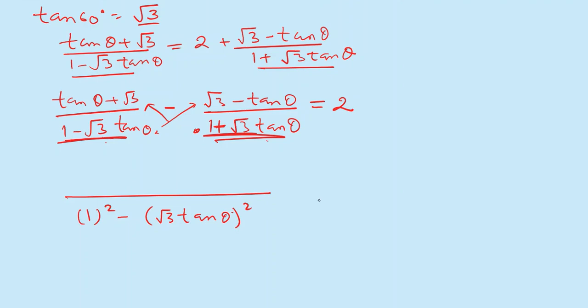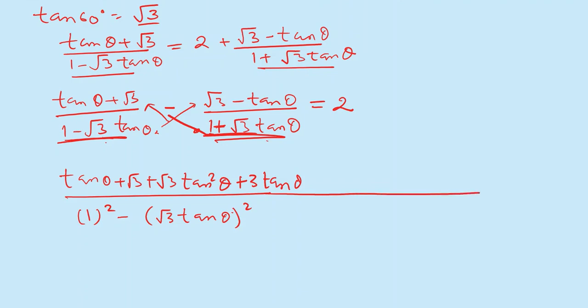So now this multiplies here. So 1 times tan theta will be tan theta, square root 3 times tan theta, then square root 3 tan square theta, and then plus complete 3 tan theta. Square root 3 times square root 3 is 3.